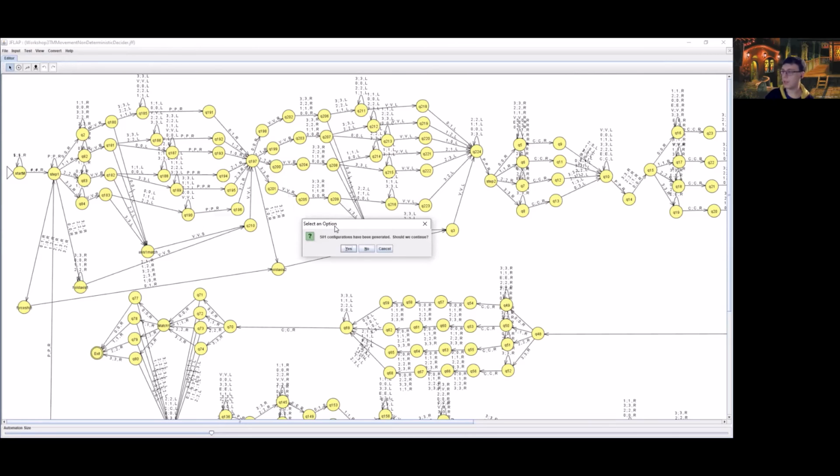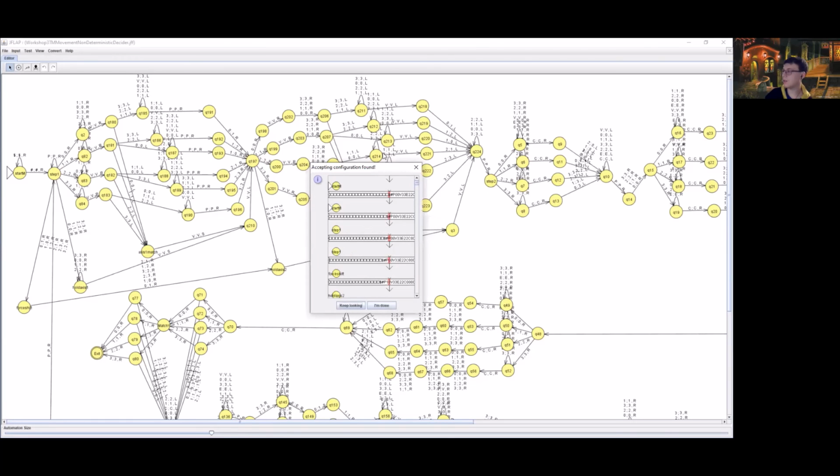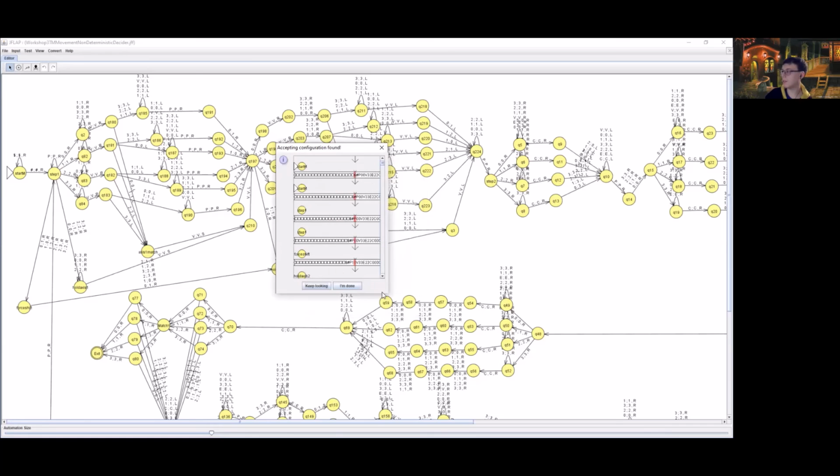So I don't know if anyone has tested the fast run a lot, but with what I currently have, it'll pause and ask you if you want to keep going, because right now it has over 500 configurations. And if we continue, it doubles again, and it just keeps doubling. It starts to get slow, but luckily we find an accepting configuration.